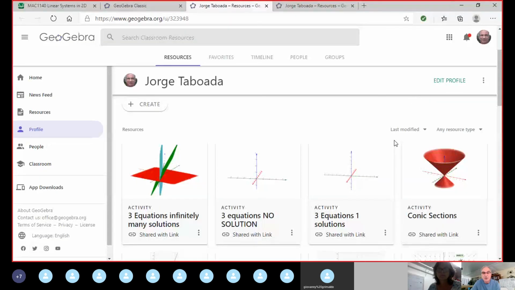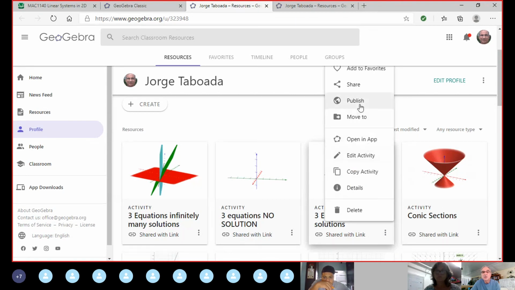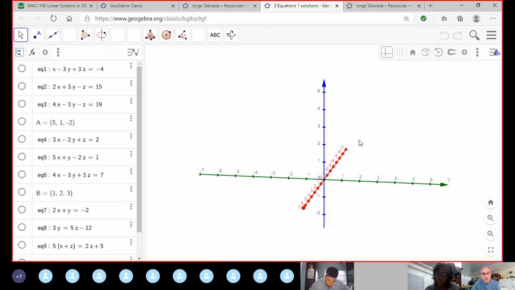Geogebra is to graph in 3D, guys. Look, this is my name. I have 3 examples. Maybe today we have time to see only 3 equations and 1 solution. Open here. Open in applications. There you go.